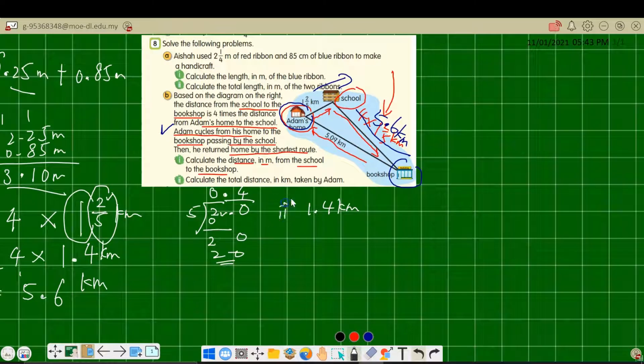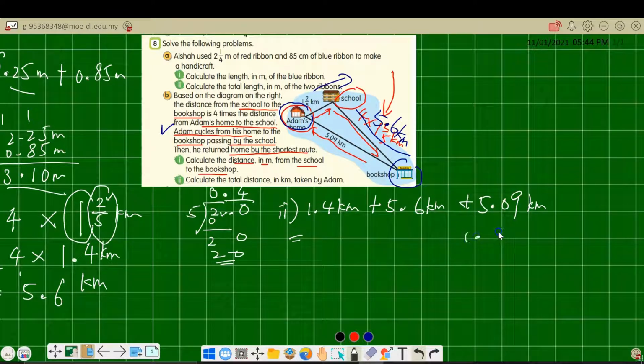Okay, this is part 2. And then to the school is 5.6. That's what we calculated just now. And then he returned home by the shortest route. The shortest route is 5.09. Okay, so that is the total distance from the home to the school, and then from school to the bookshop, and then from bookshop back to his home.